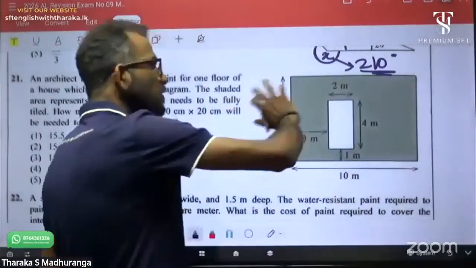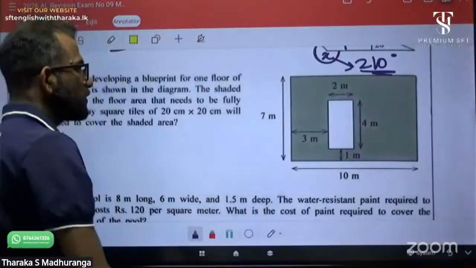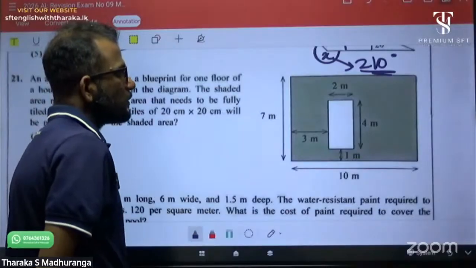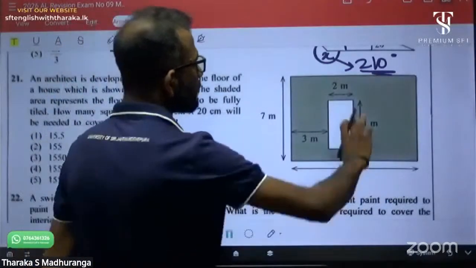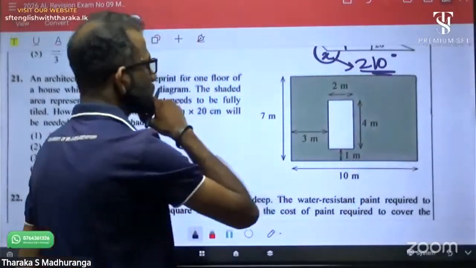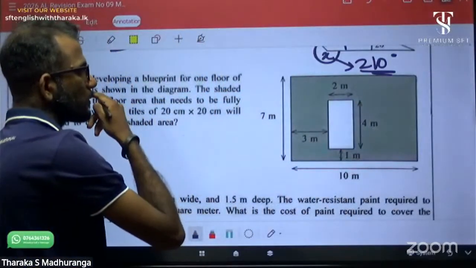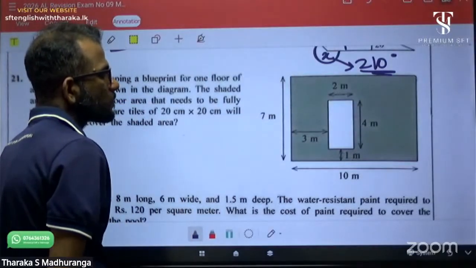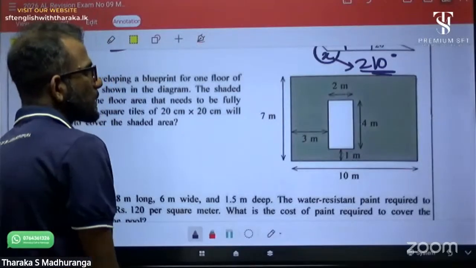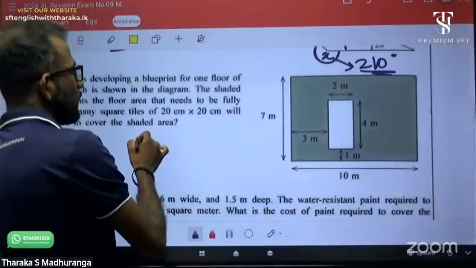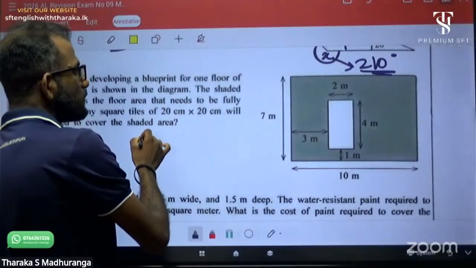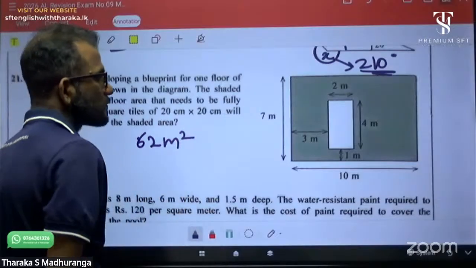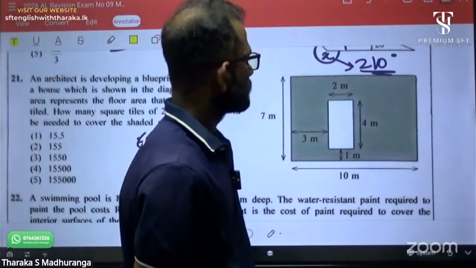Now the total rectangle area is 70, and this unshaded area is 8. Then the shaded area is 62 square meters.